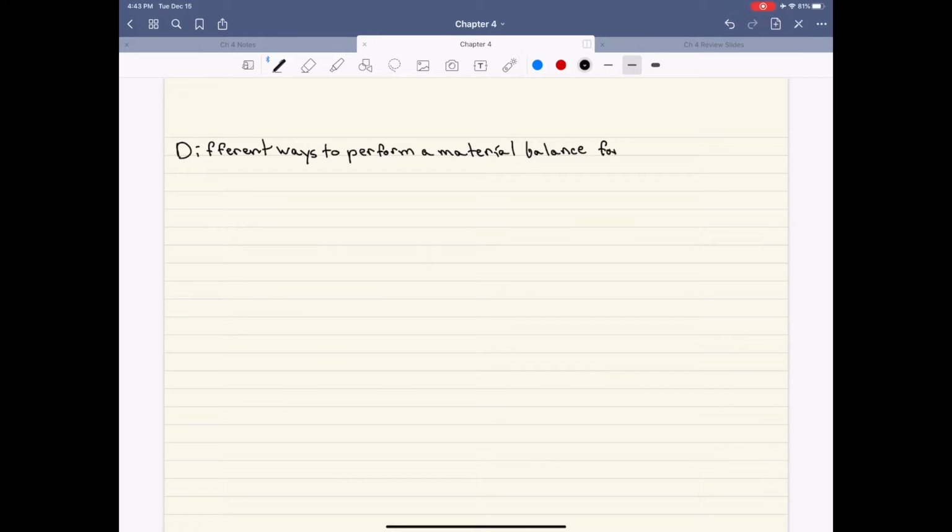for reactions. Okay? And so what I'm going to do is I'm actually going to draw a table here. All right? And so the three headings of the table will be molecular, atomic, and extent of reaction.